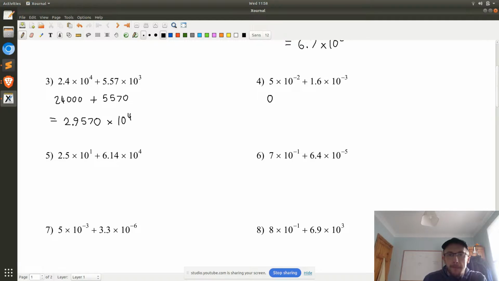Now, that plus that yields what? 0.0516, which is 5.16 times 10 to the minus 2.